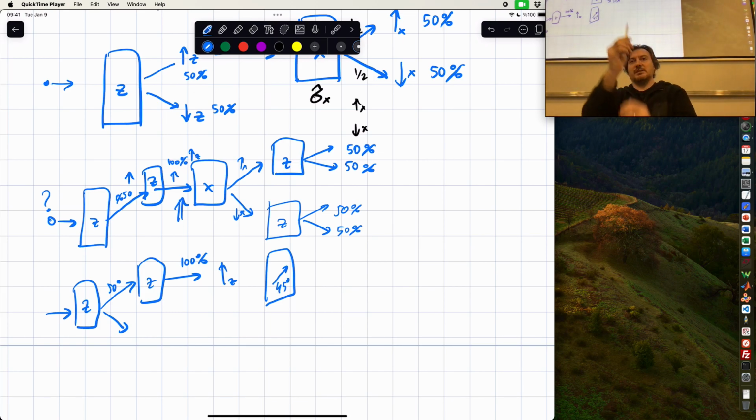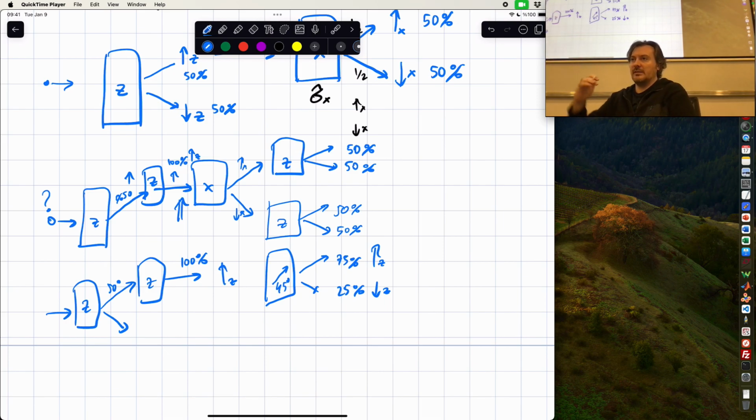Like something is coming like this. Instead of doing it 90 degrees, you can do 45 degrees. Then I guess it will be 75% up Z, 25%. So you can arrange it actually. But it's always up and down. The separation is always the same.